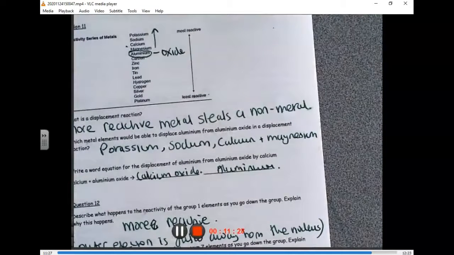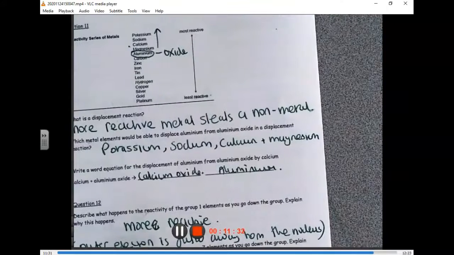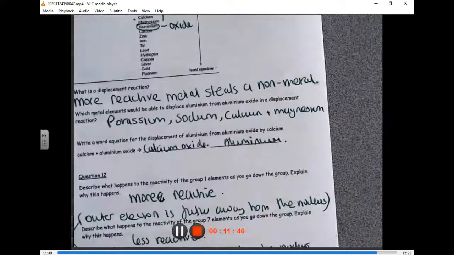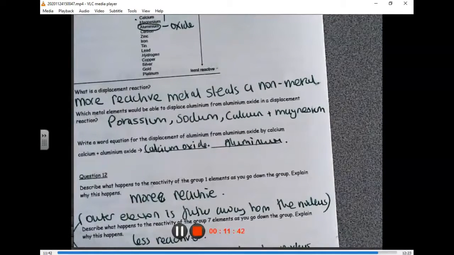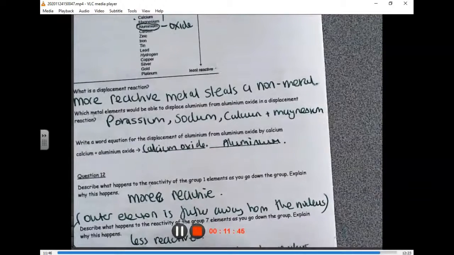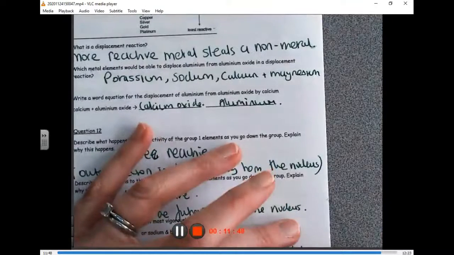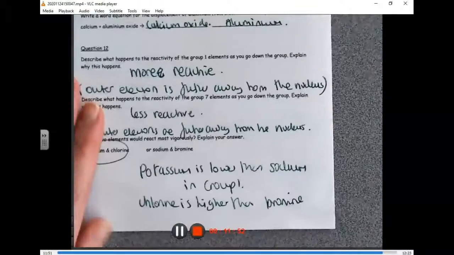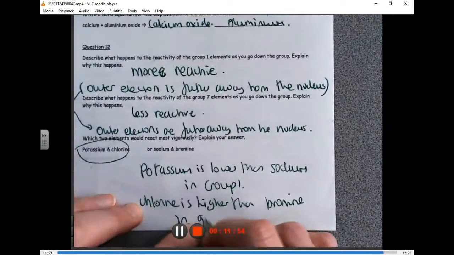So potassium is lower than sodium in group 1, and chlorine is higher than bromine in group 7.